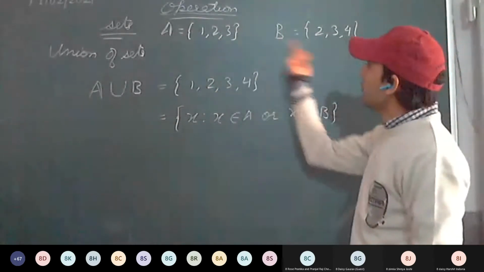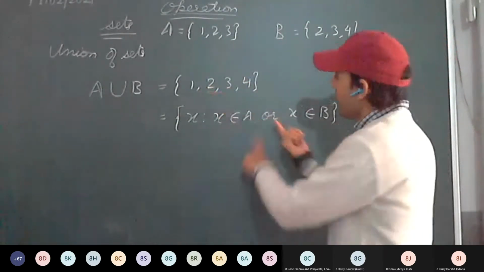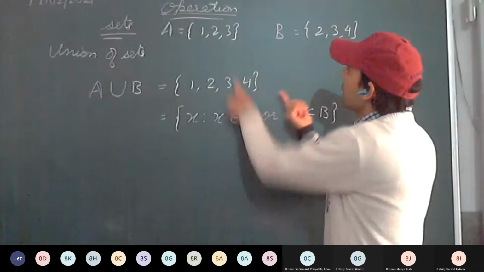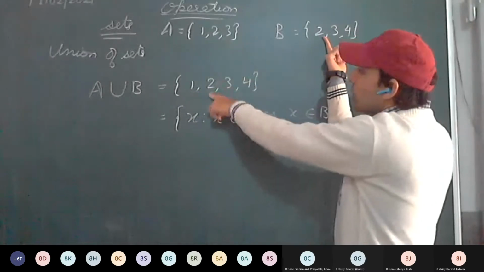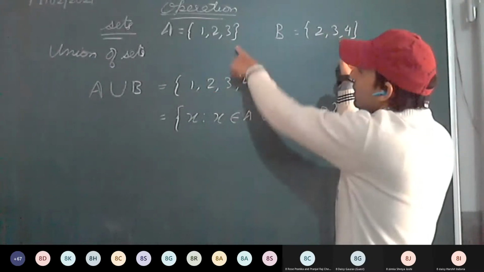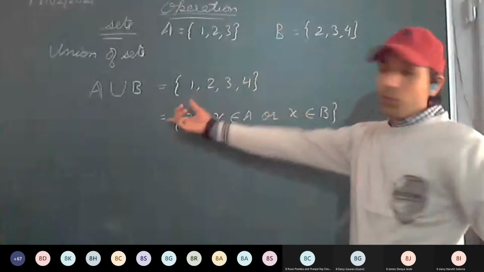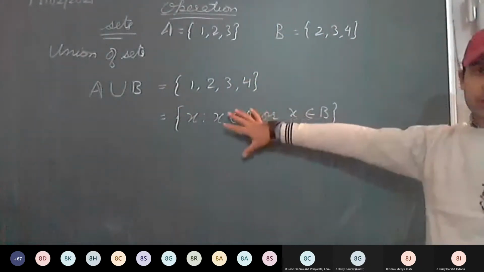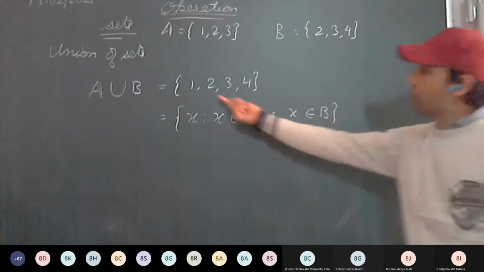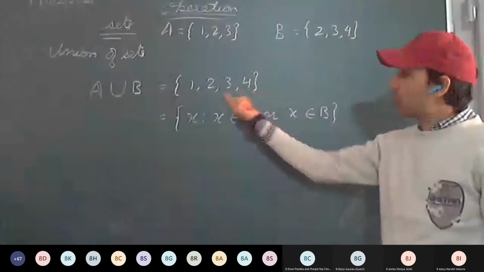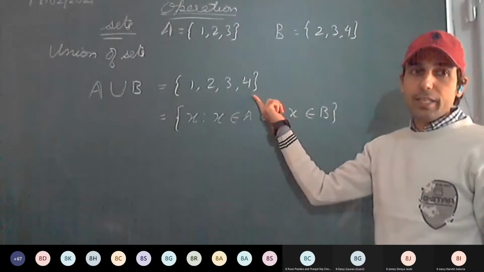So 1 belongs to A only, put it here. 2 belongs to both, put it here. 3 as well, 4 as well. Union means all the elements are put together. And elements do not repeat. So this is the answer of A union B.